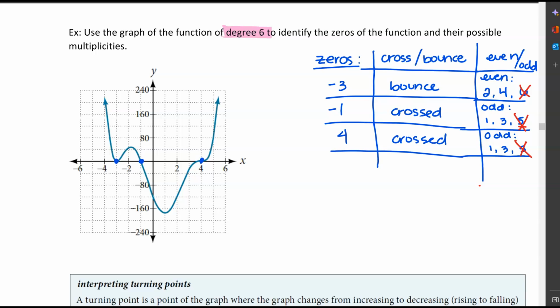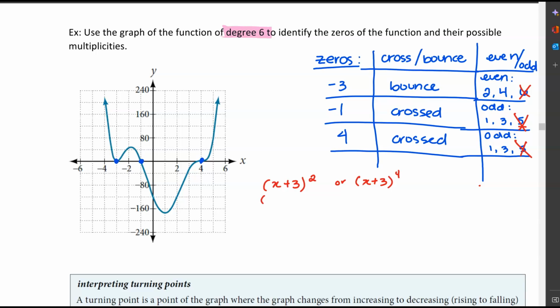So for number 1, our possibilities are going to be x plus 3, either to the 2nd power or to the 4th power. Okay.